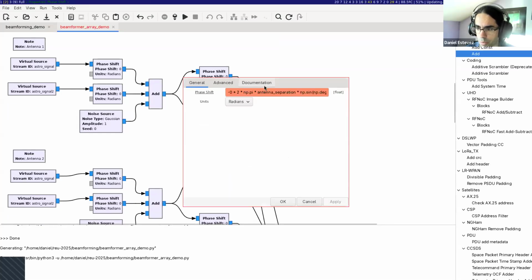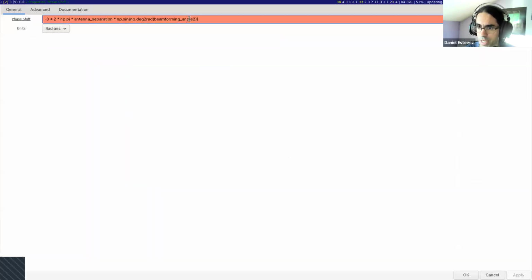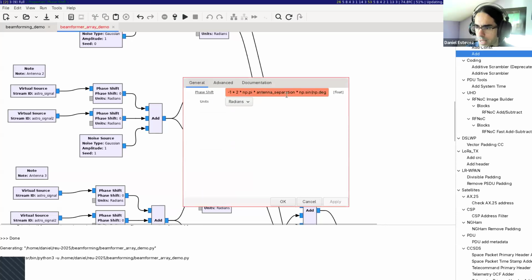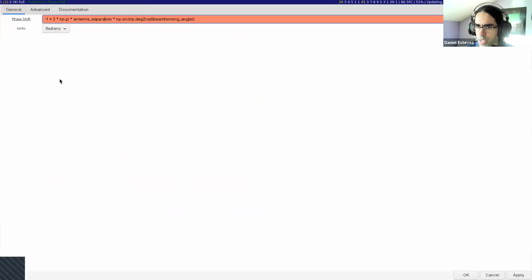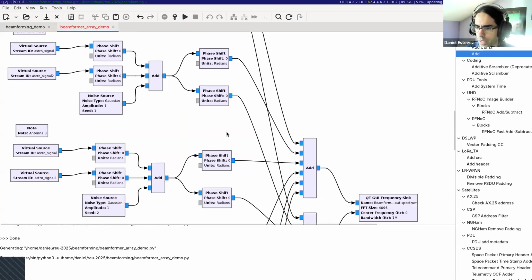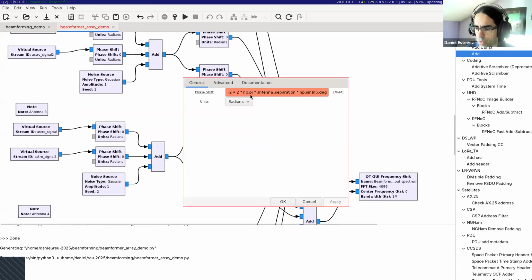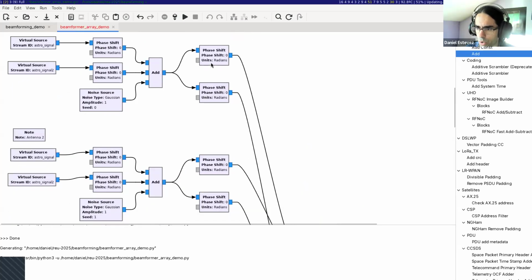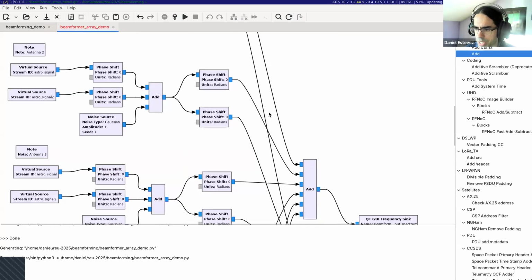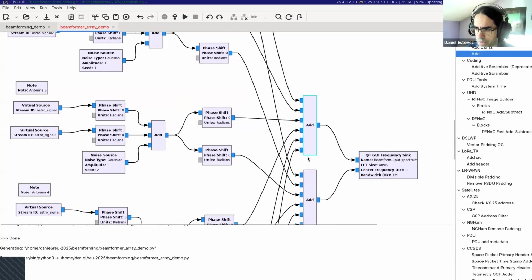We can see the formula for the second beamformer. It is the same, but with beamforming angle 2. These are all variables we can set on the GUI. And then the same thing here: -1 times the same formula, beamforming angle, etc., and -2, etc. So all these connections get added here, and this is the first beamformer.